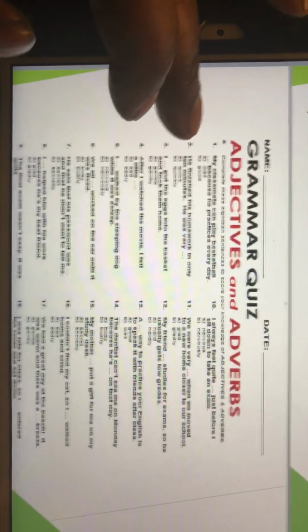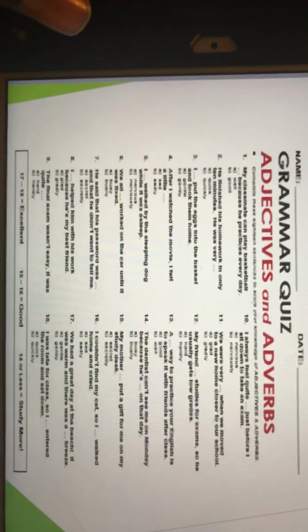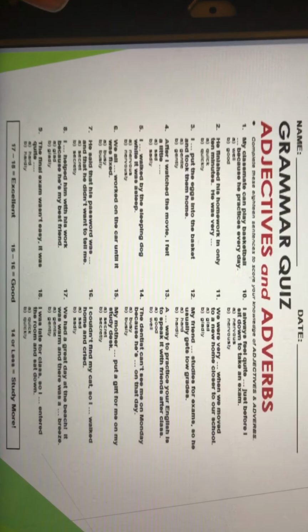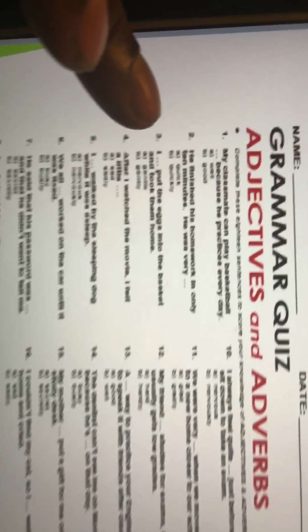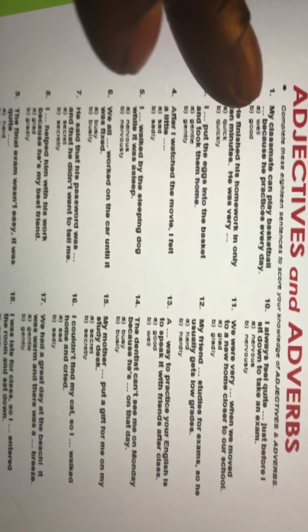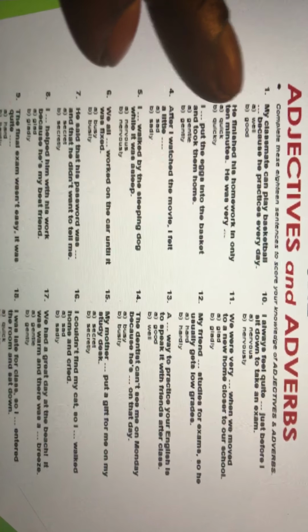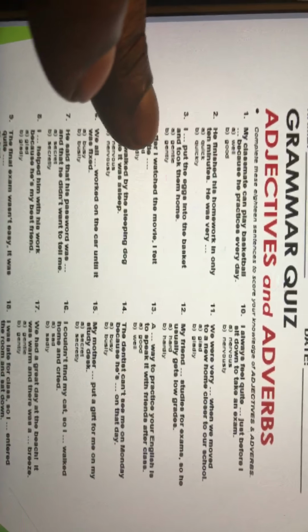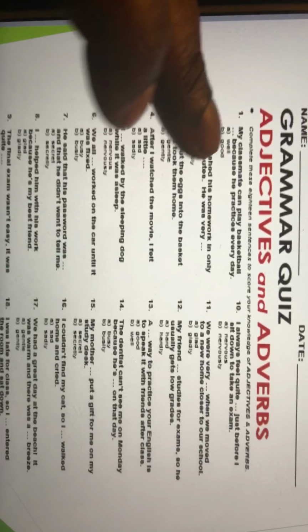And this is my grammar quiz. Adjectives and adverbs fall under the grammar category. As far as editing, you get to see, in your sentences and your paragraphs, pretty much figuring out what to use, the right pronunciation or the right term.